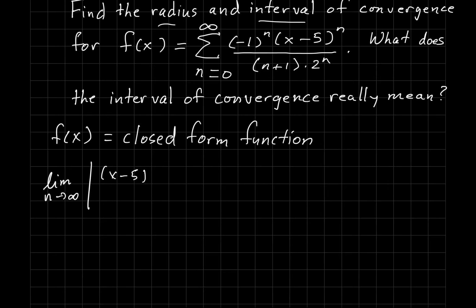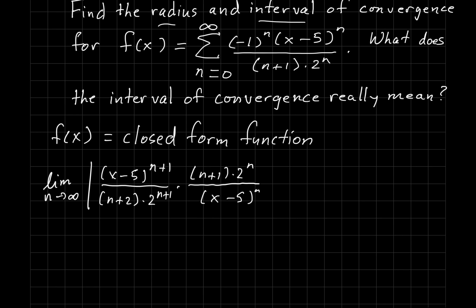So (x minus 5)^(n+1) over (n plus 2) times 2^(n+1), divided by the nth term, but we will flip and multiply instead. So (n plus 1) times 2^n over (x minus 5)^n.